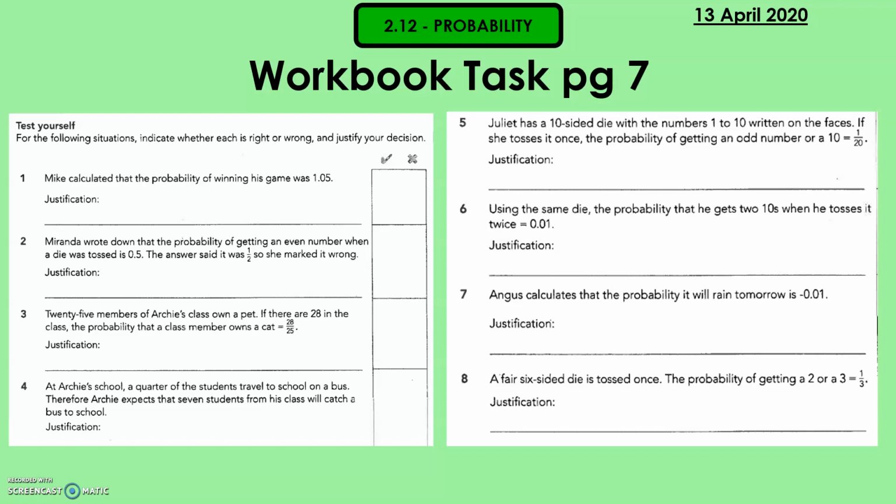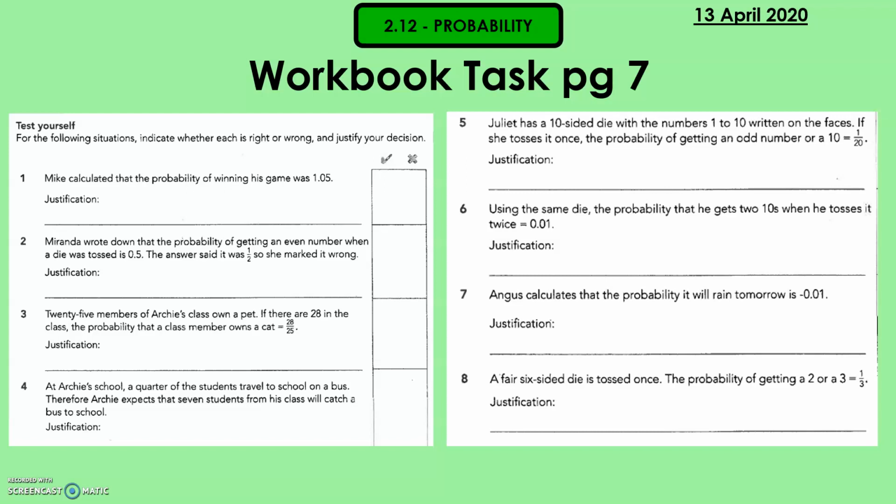You need to decide whether they're correct or wrong, and you need to justify your decision and why you made that your answer. So try and do this properly, and try to look back to that theory, thinking about why it is that something is correct or possible, because there are some that are impossible.